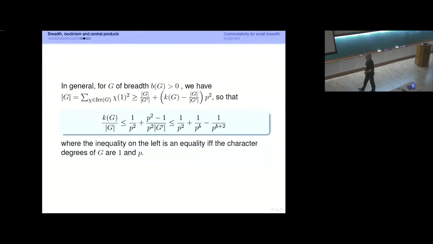And for the upper bounds, this is easy to find an upper bound because you can use character theory.